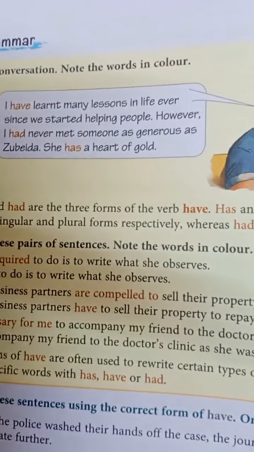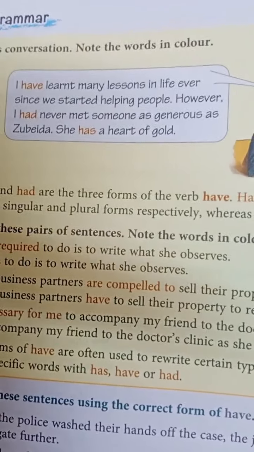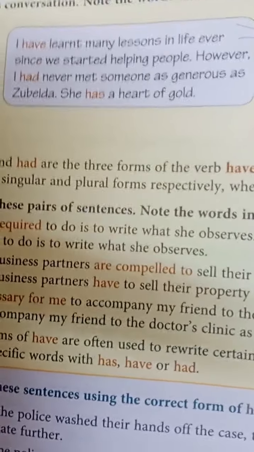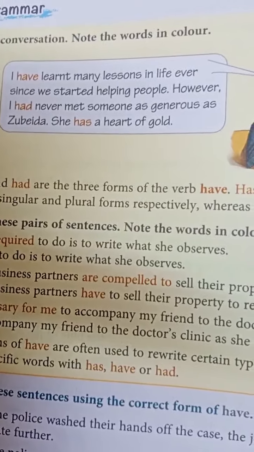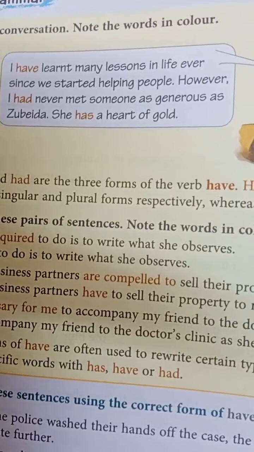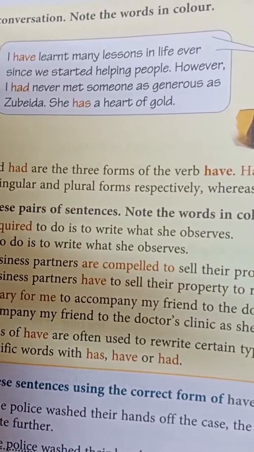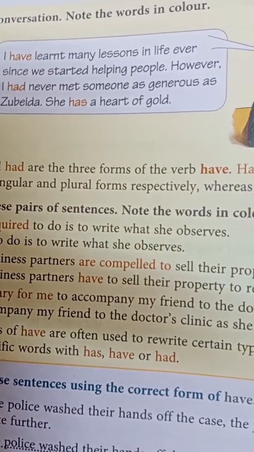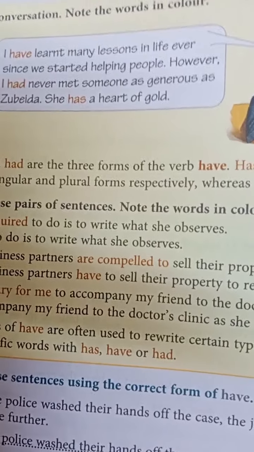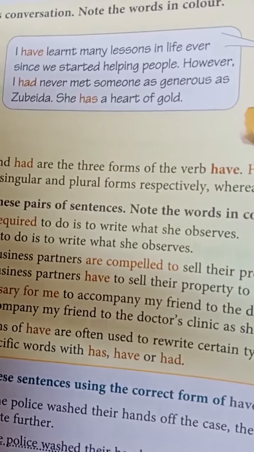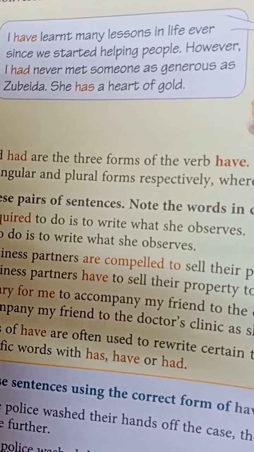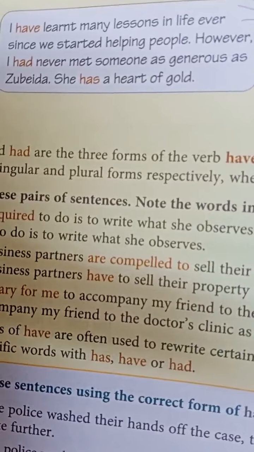Now, girls, on page 56, look at the conversation here. I have learnt many lessons in life ever since we started helping people. However, I had never met someone as generous as Zubeda. She has a heart of gold. So you see here, girls, have is here used as a past participle.